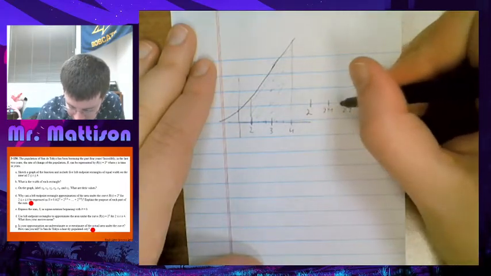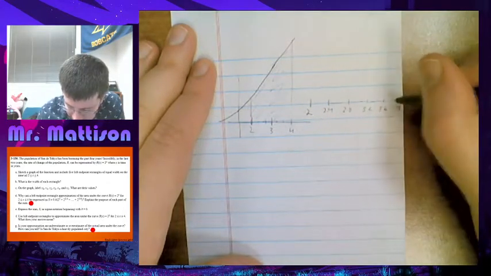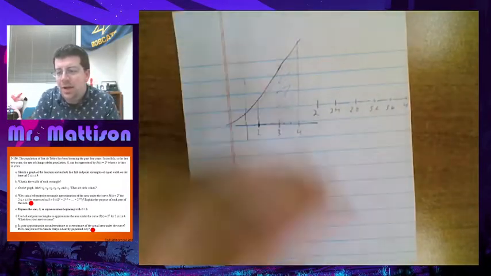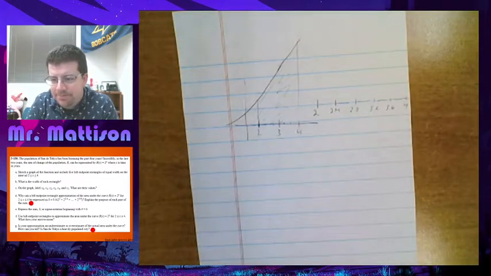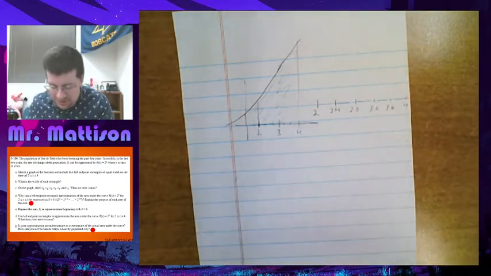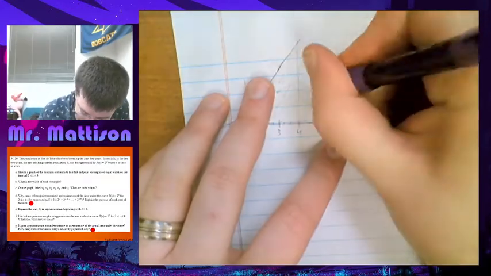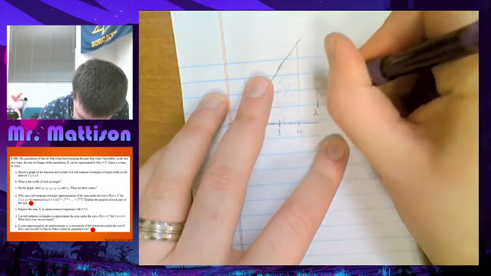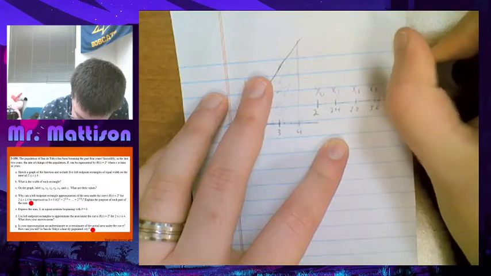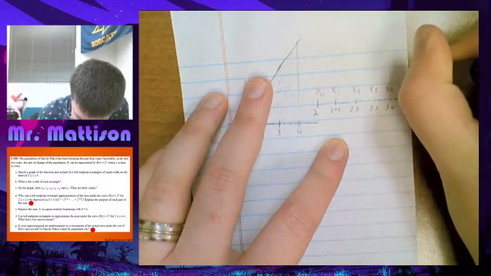There's my first, second, third, fourth, and fifth rectangles, right? And I'm doing left endpoints here. Sorry, I should label these as my x naughts because I'm getting a little bit ahead of myself. So here's my x0, x1, x2, x3, x4, and x5.